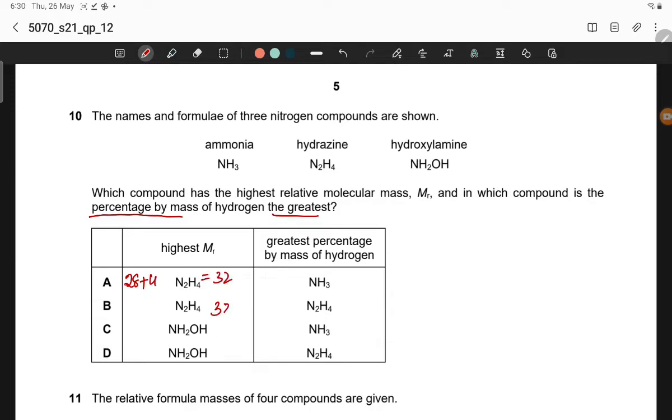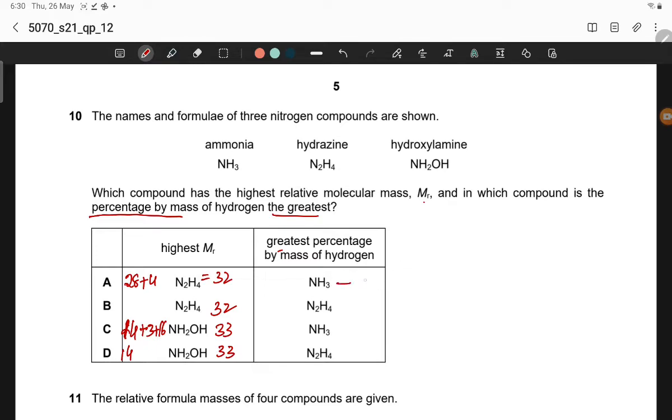This is also 32. Nitrogen 28, 14. Hydrogen 3 plus 16. So this is 33. Nitrogen 14. This is again 33.